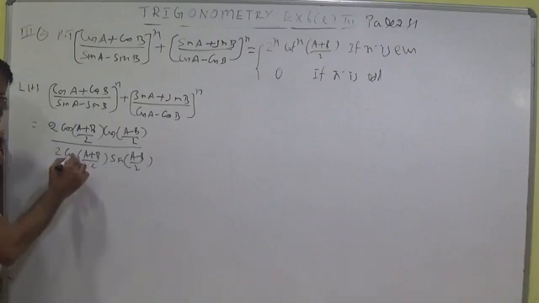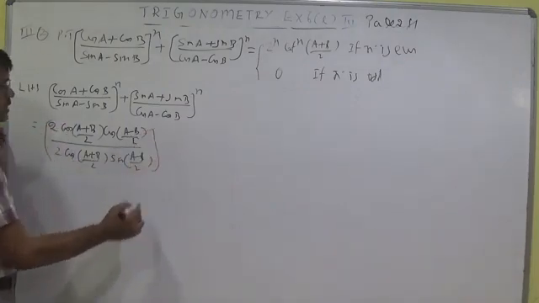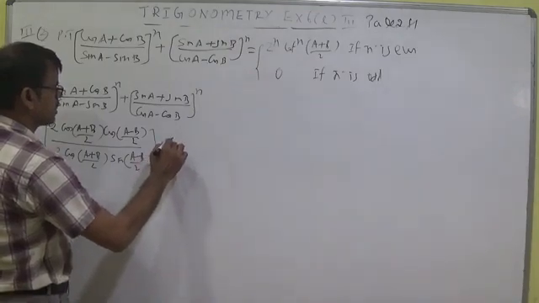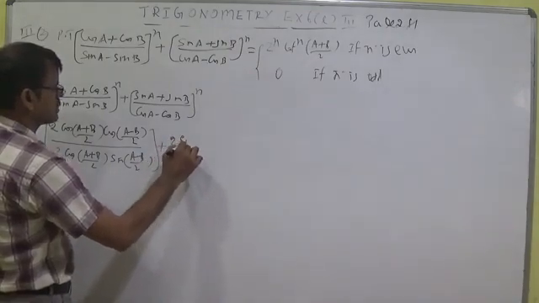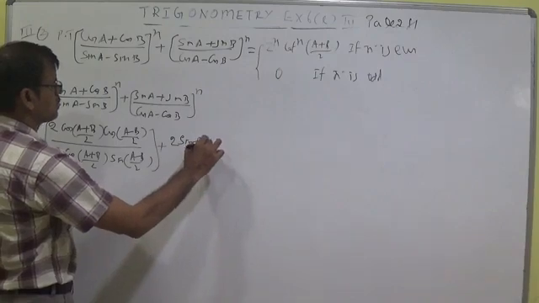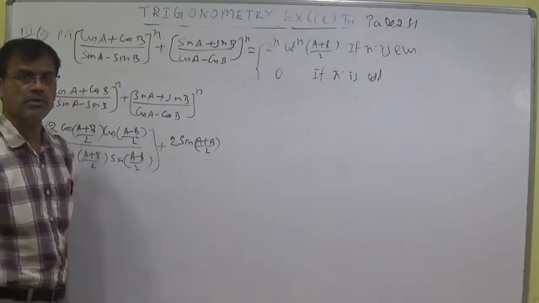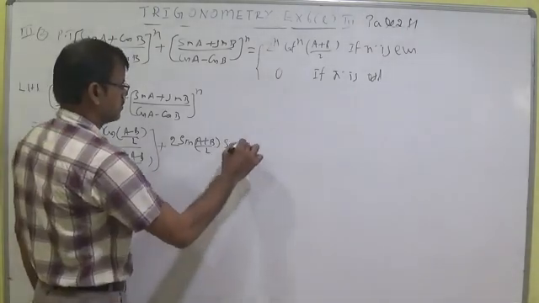So this is 2 cos of (A plus B) by 2 into sin of (A minus B) by 2. This is the first formula in the transformations. Sin C plus sin D: 2 sin (C plus D) by 2 into cos (C minus D) by 2. So this is 2 sin of (A plus B) by 2 into sin of (A minus B) by 2.